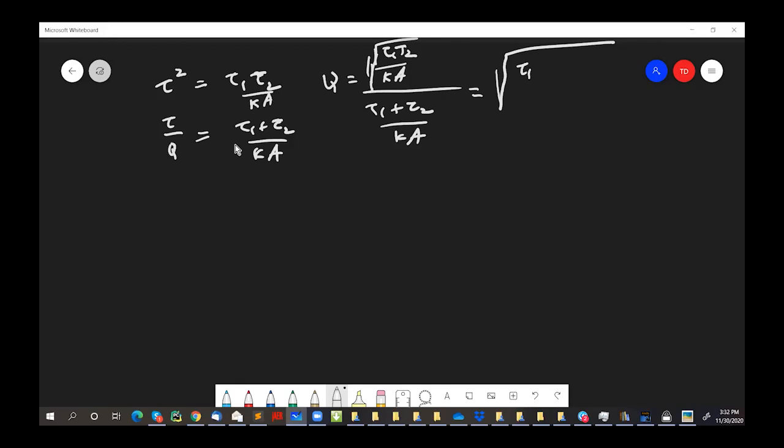It's tau 1, tau 2 over tau 1 plus tau 2 squared. And when I put the kappa A inside the square root, it becomes on the top, right? Yeah, it becomes kappa A squared. So it's kappa A like this.